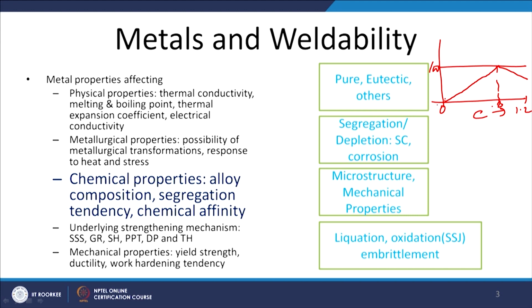So, when the carbon is absent, we have 100% ferrite and perlite is 0, and as the carbon content keeps on increasing, our perlite fraction will keep on increasing and it will become 100% for eutectoid composition, and thereafter Fe3C, iron carbide, starts appearing, and then this entire zone belongs to the perlite.